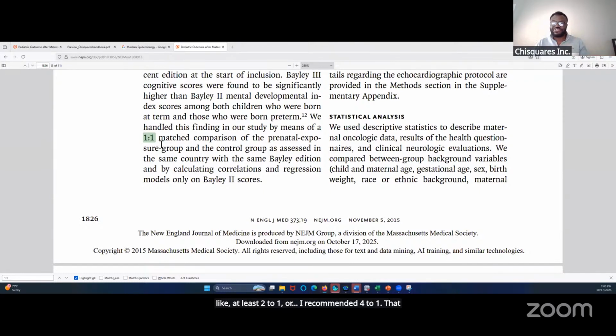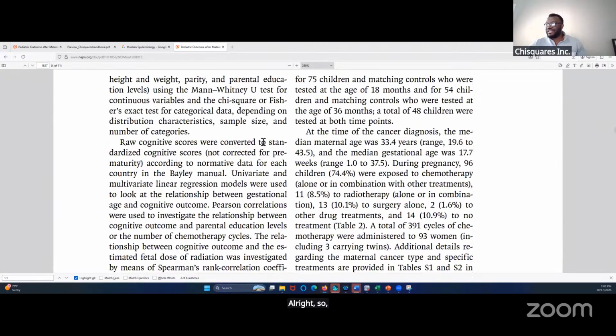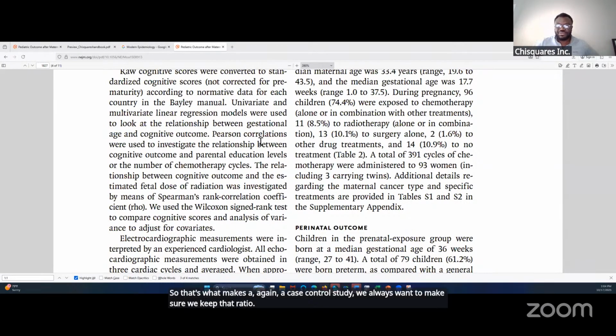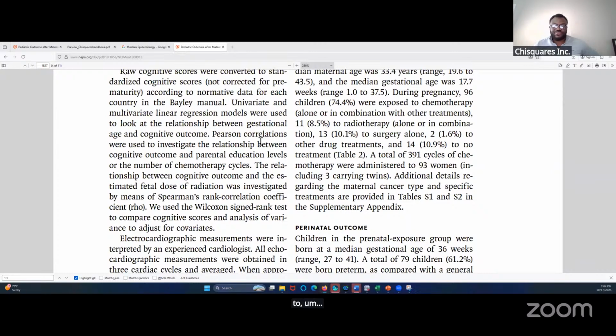That makes sure that you maintain precision in your analysis. All right, so that's what makes a case control study. We always want to keep that ratio to ensure that we have power and also prevent concordant pairs.